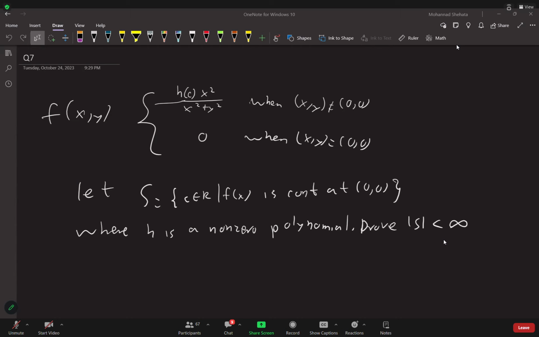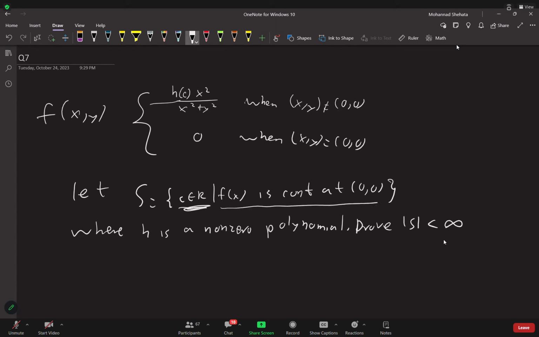I want you to show the set of values c belonging to R where f of x is continuous at 0, 0, where h is a non-zero polynomial. So h does not equal 0. It's not a constant, because a constant is also technically a polynomial.